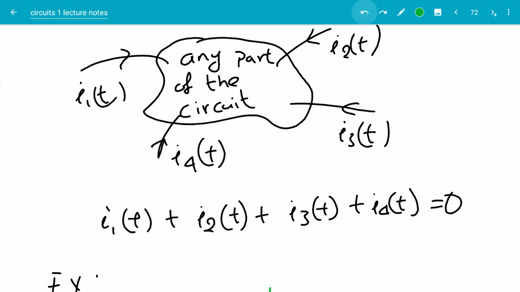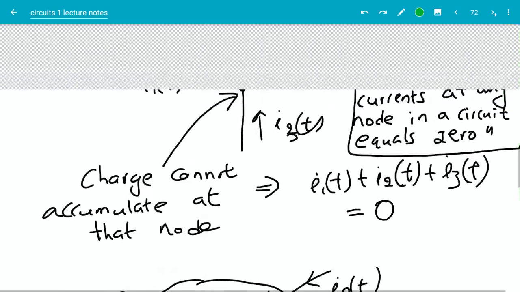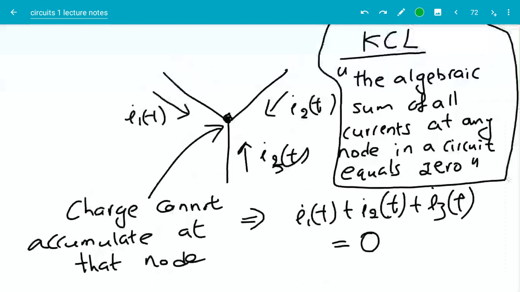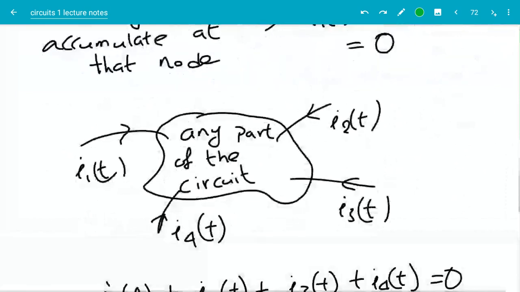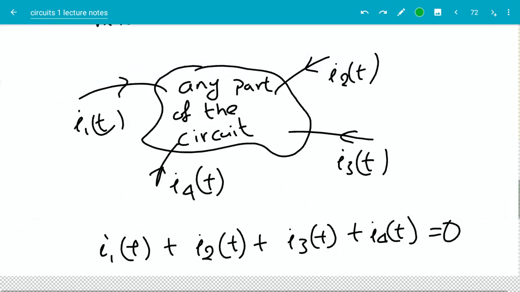This is a more general way of saying KCL, but probably the most often used version will be applying KCL at individual nodes in a circuit. There will be cases where we want to apply this more general definition of KCL.